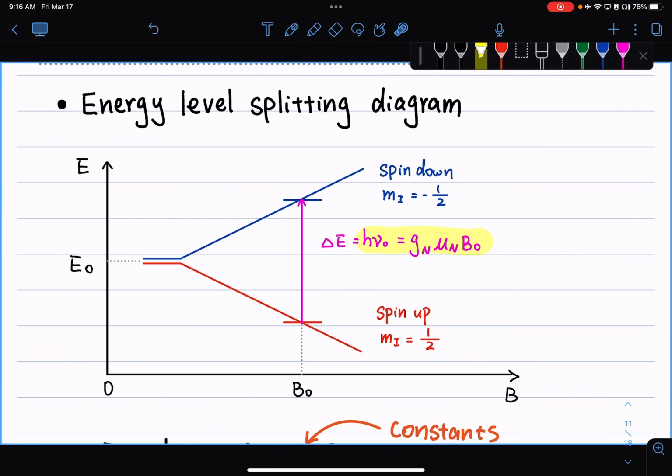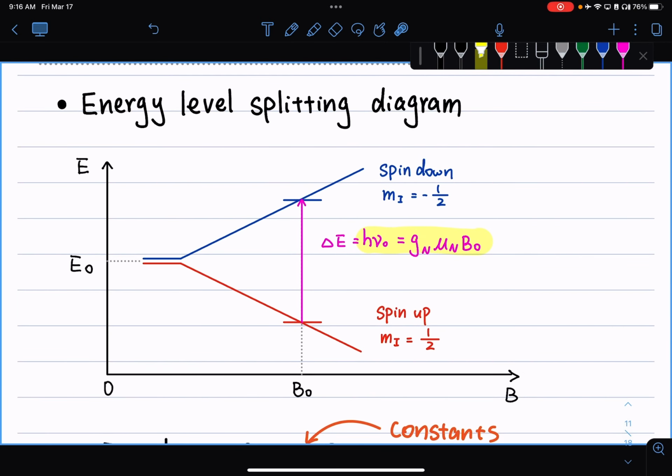But how does this information tell us about the position of the nuclei or the relative geometry of your molecule? So that comes to the second property of these nuclear spin. When we measure the nuclear spin, these are spins that are highly sensitive to the chemical environment of the nuclei.